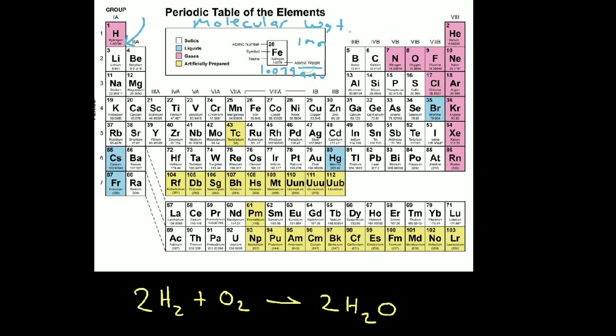Now, the periodic table is just a group of all the elements and their molecular weight, and it's other things also, but just for the purposes of this video and this concept, it's a chart of all the elements and what they weigh, and it's saying that 1 mole of every element weighs what this chart says.